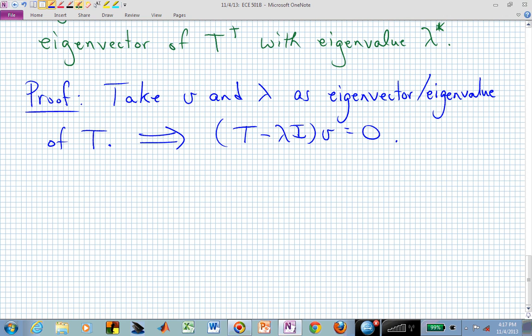So here, let me just say that I now have a lemma. It's a minor result that gets us partway to our end goal.